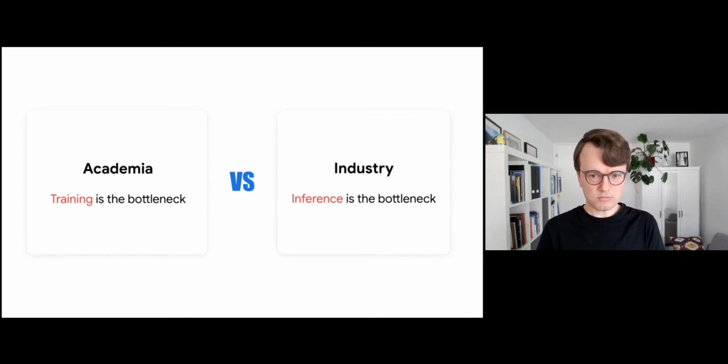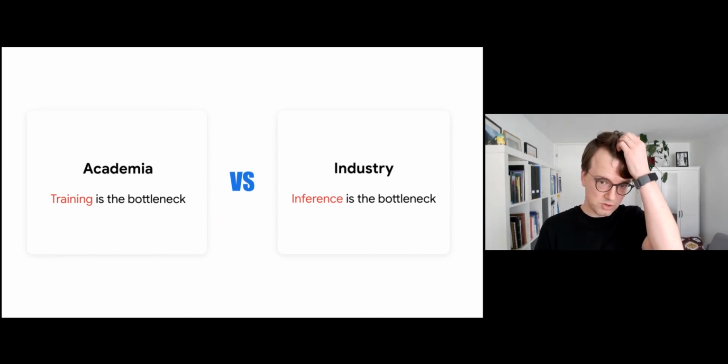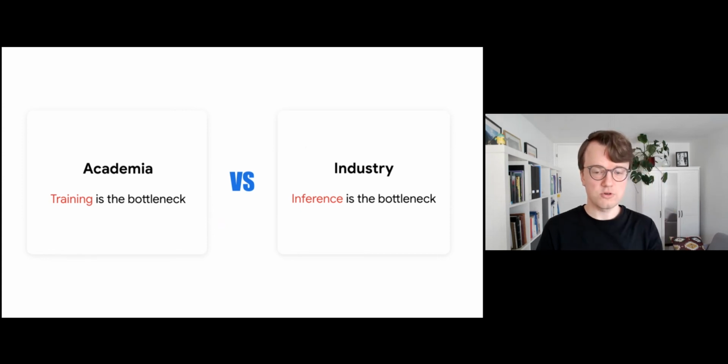Whereas if you work for a big lab, maybe you have a lot of resources, you can parallelize the training effectively, so it's not that big of a bottleneck. Whereas if you want to serve the model to, let's say, millions of users, you want to run the model in real time, then latency becomes very critical, and you need to be able to run inference very fast. Of course, depending on the application. But let's say you're faced with this situation that you need to serve the model to a large number of people with a very low latency.